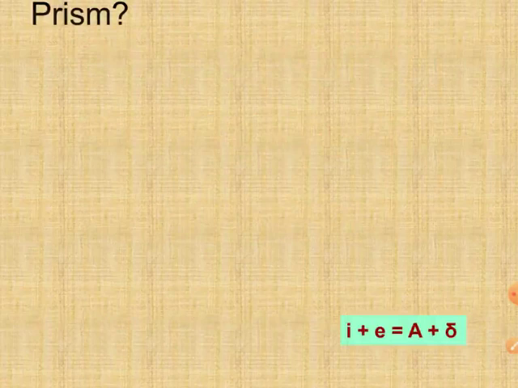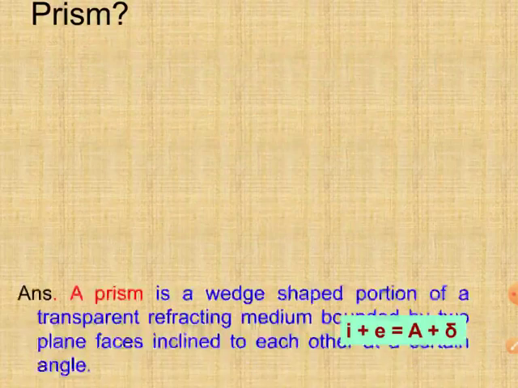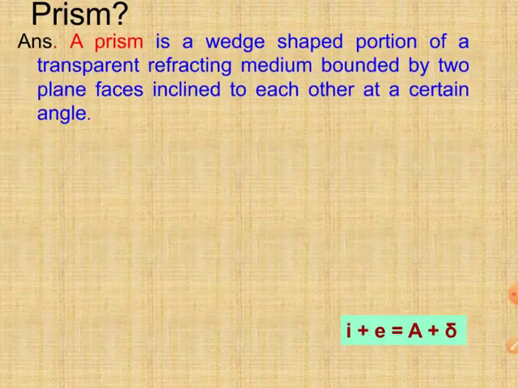The first one is the definition of prism. What is prism? Prism is a transparent medium, and it is also a wedge shape, and it is bounded by two refracting plane faces inclined to each other at a certain angle known as angle of prism.